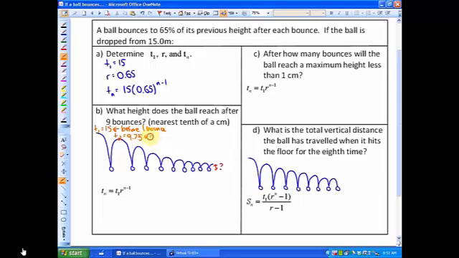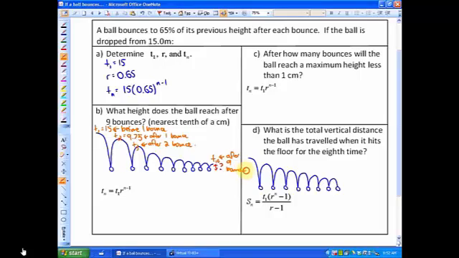That is after 1 bounce. And term 3, for example, would be after 2 bounces. So what you'll notice here is that term 9 is actually not after 9 bounces. If term 3 is after 2 bounces, then it's actually going to be term 10 that's after 9 bounces. So just be careful about that if you're going to use the formula.